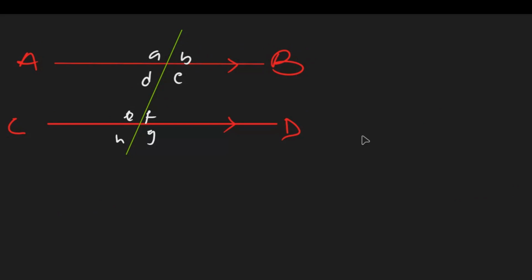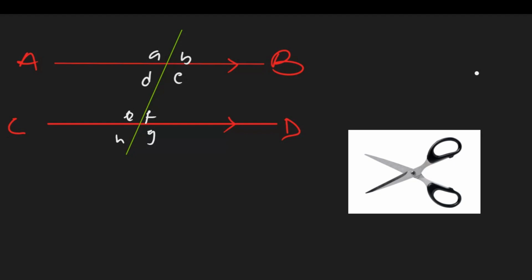Okay, let's see the next property of parallel lines. We have vertically opposite angles. Vertically opposite angles form the shape of a scissors. So that's a scissors, right? They form a shape like this. And you see we have some intercepted angles here. So the vertically opposite angles are the angles that we form here, this and that.